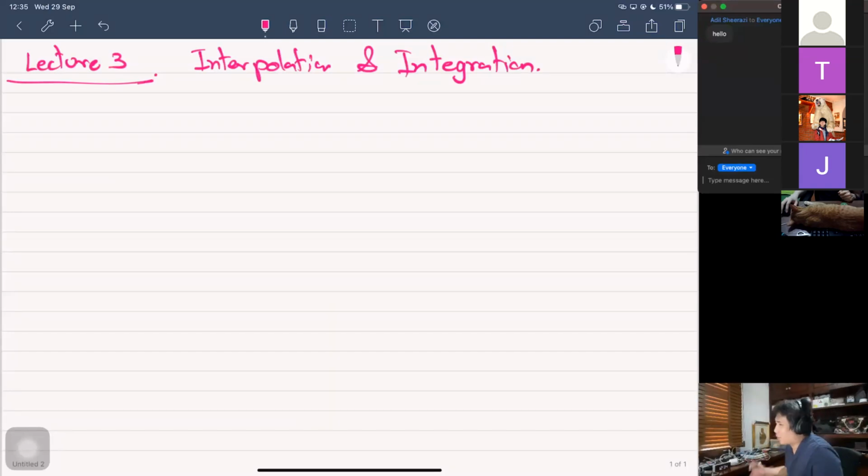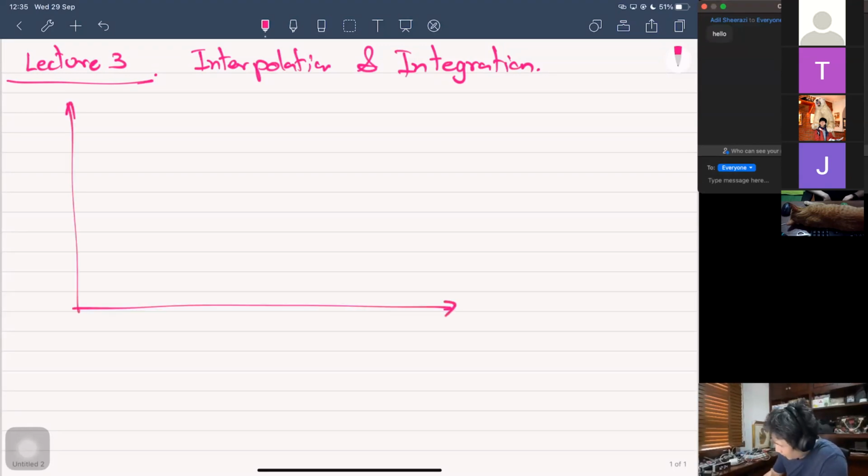Let me try to explain what interpolation is trying to do. If you have some data points, this is some x, and this is some y. If I give you these 3 data points, so you know the value of the function at exactly 3 points: x1, y1, x2, y2.